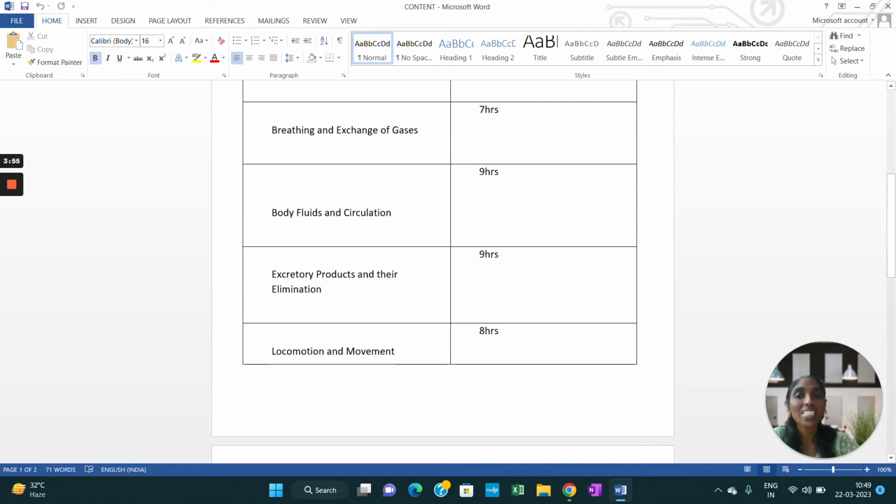Move on to excretory products and their elimination. This is a very important topic because removal of wastes from our body is very important, unless our body becomes toxic. So this process exactly takes place in the kidney.